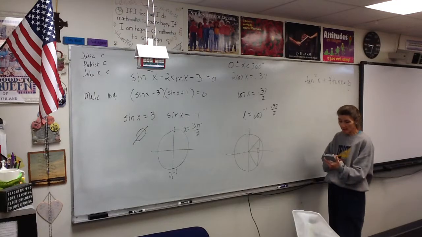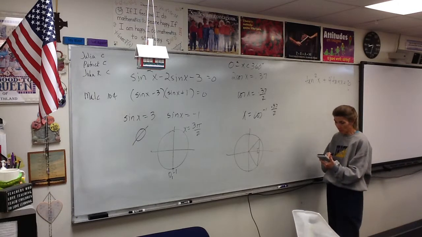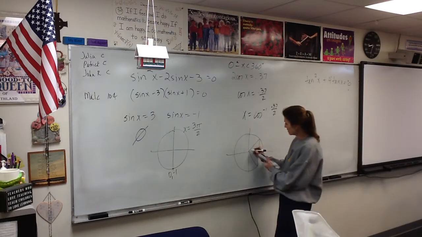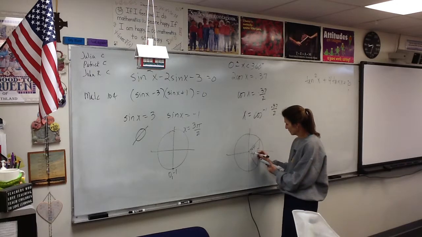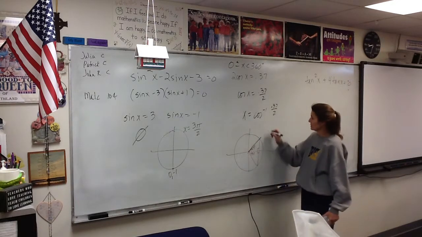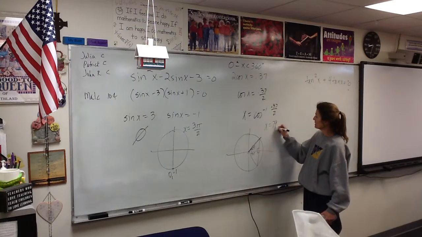So I'm going to make sure I'm set in degrees, and then I'm going to second cosine 0.37 divided by 2. And I get about 79.3 degrees. So in the first quadrant, the answer is 79.3.